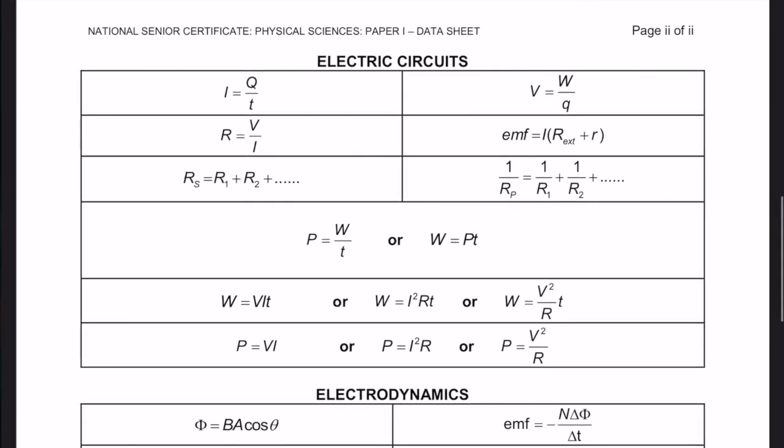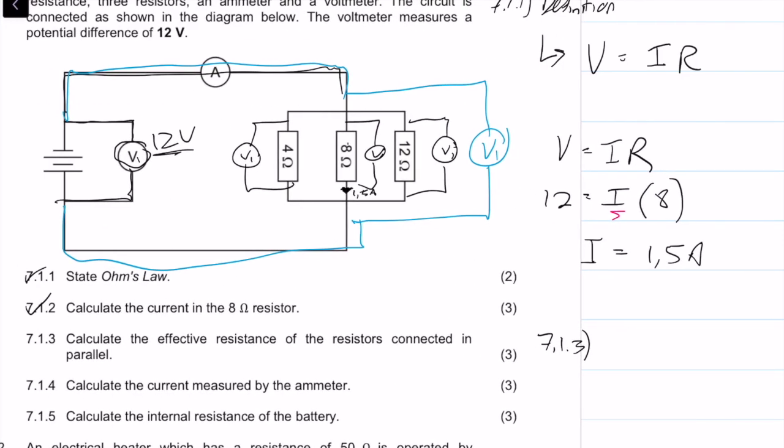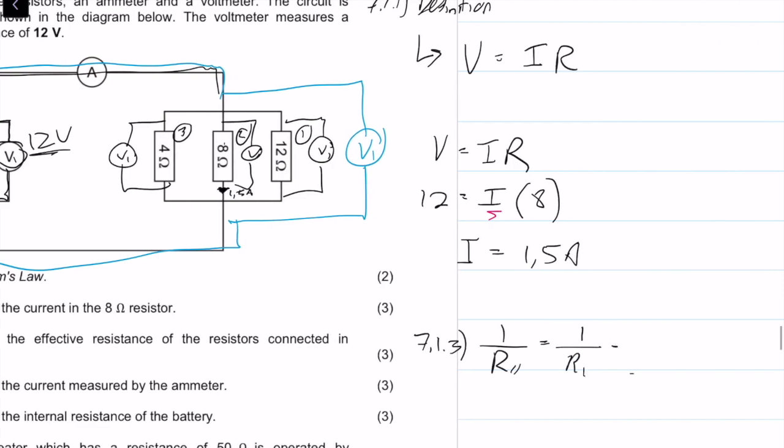We can say that 1 over R parallel is equal to 1 over R1 plus 1 over R2 plus 1 over R3, labelling these 1, 2, and 3. So 1 over R parallel is equal to 1 over 4 plus 1 over 8 plus 1 over 12.